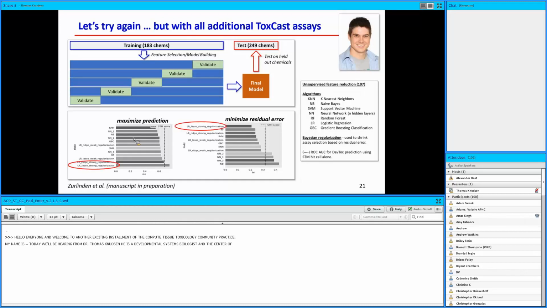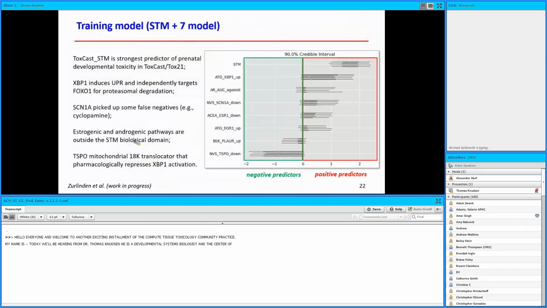He used a logistic regression approach with Bayesian regularization to mine the data set. And we could pull out 7, actually more than 7, but the most significant model was 7 additional assays besides the stem cell assay that gave the best prediction, the best performance against that training set.